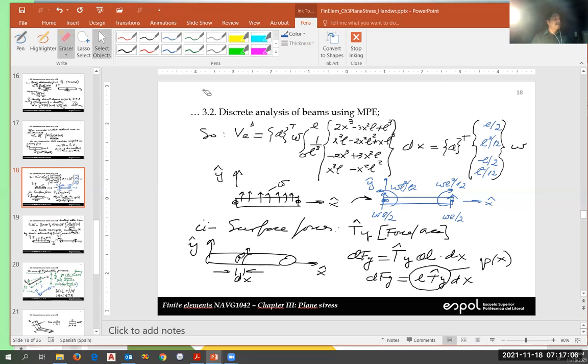That's all. In general, some of these integrations in a computer program are done numerically. But since we are considering the simplest cases, we can integrate analytically.